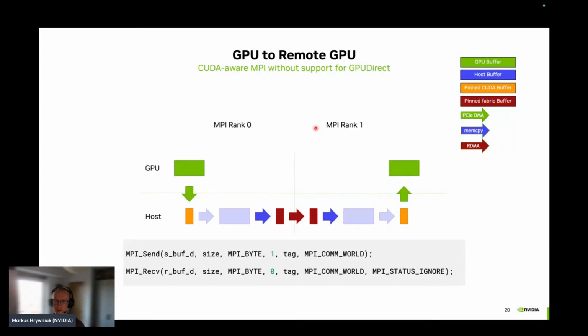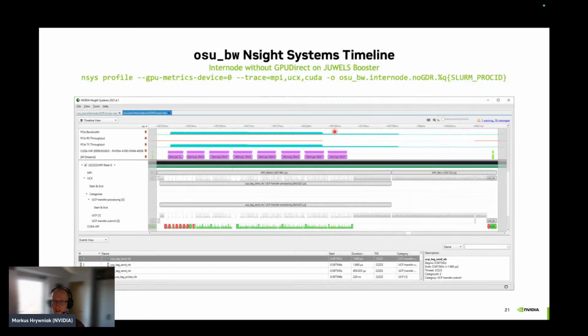So you just have a bit more steps in between. And you can actually also see this in the profile, because in addition to the PCI Express traffic going out of your GPU, you now have the sequence of memcopies from the device to the host, which happen as part of the MPI operation. So this is essentially the difference when you can't use GPU Direct RDMA here.